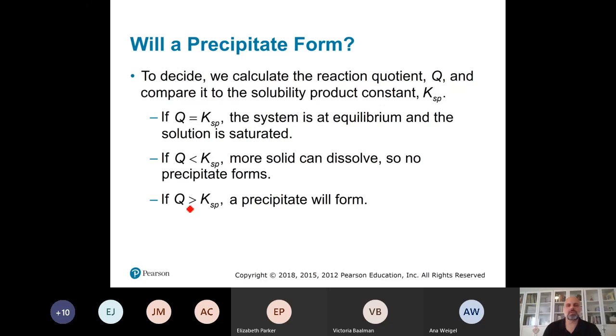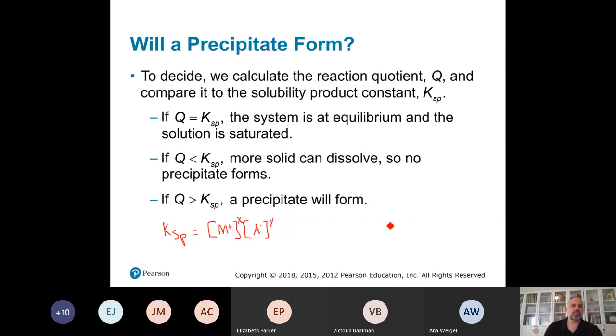Think about what this is talking about. Our KSP is just equal to the concentration of our metal ion times the concentration of our anion, each raised to whatever powers x and y.